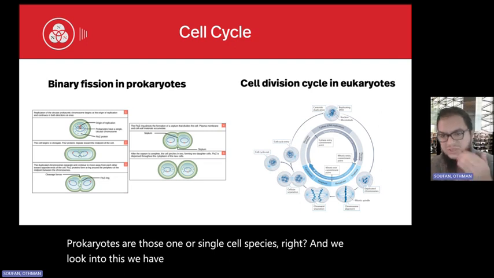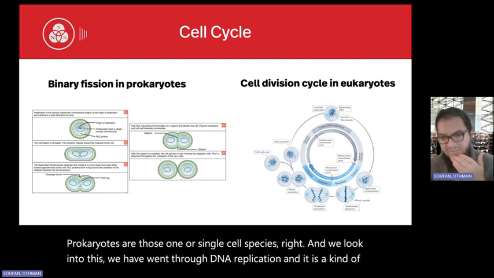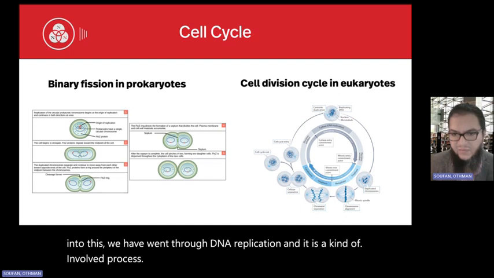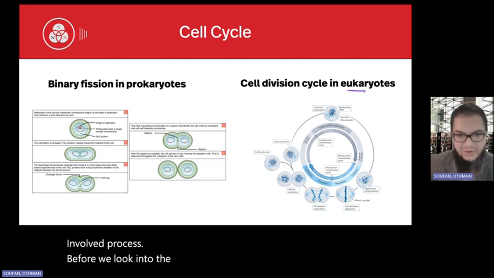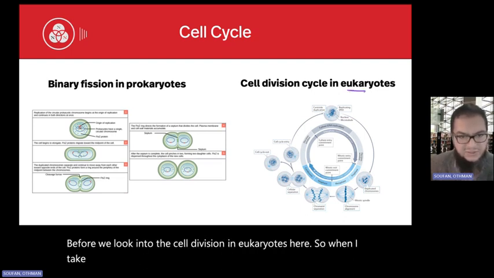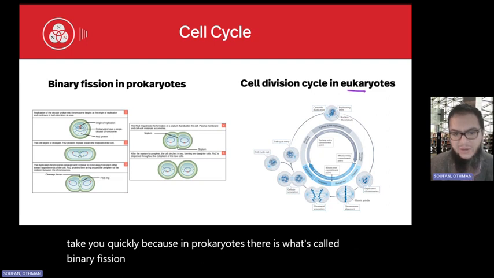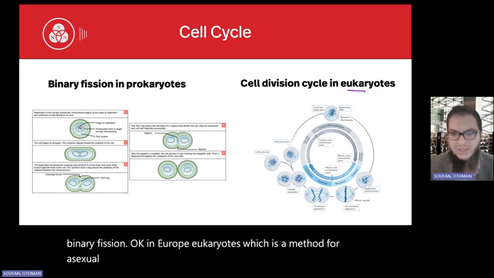We have gone through DNA replication, and it is a fairly involved process. Before we look into cell division in eukaryotes, I want to take you quickly through binary fission, which is a method of asexual reproduction for prokaryote organisms.